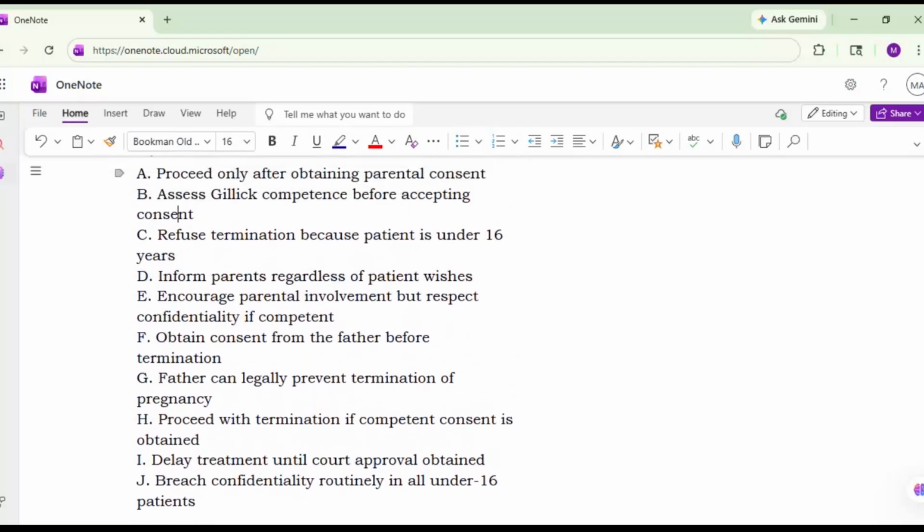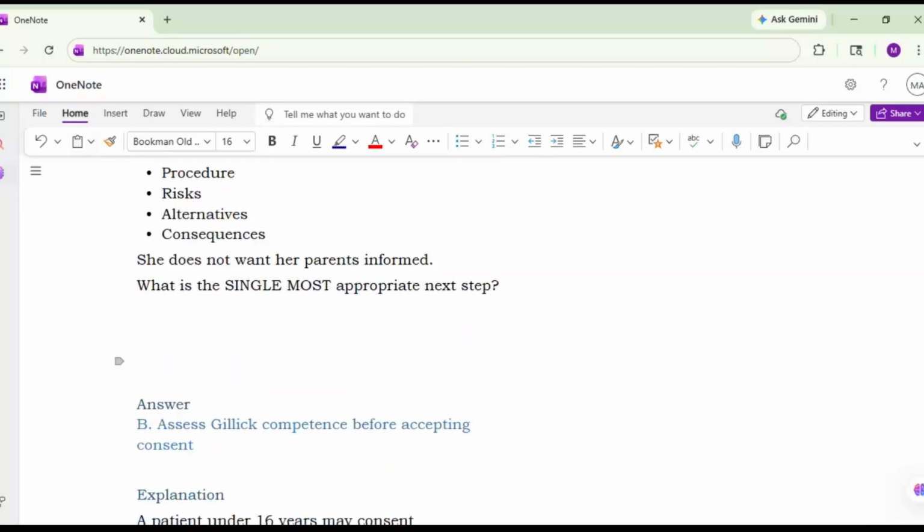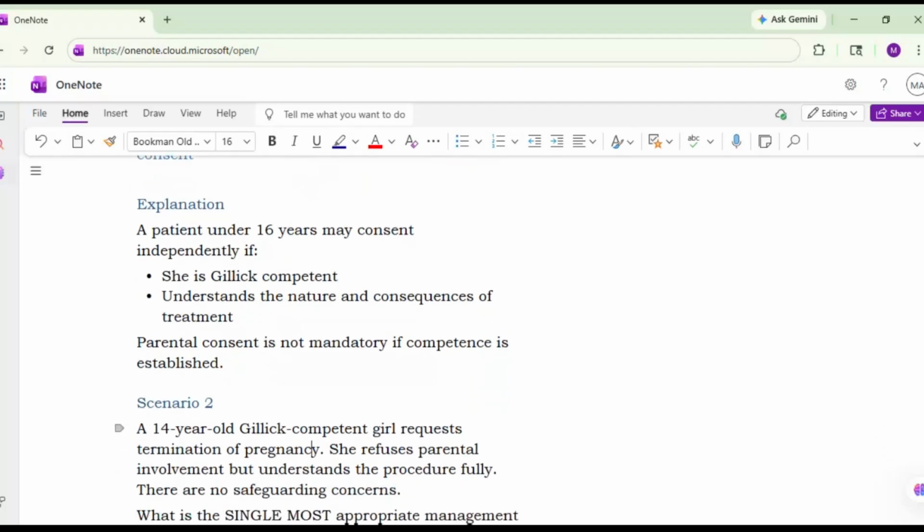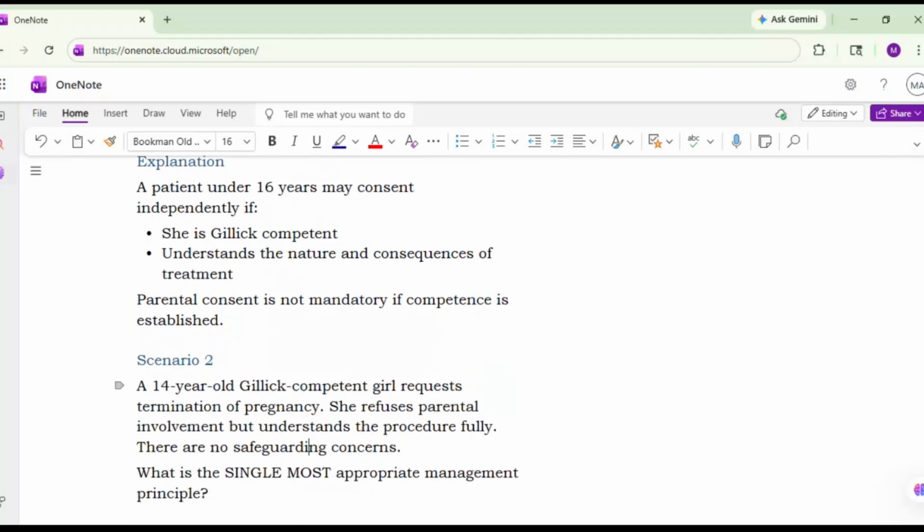Here there is the option, proceed with termination when consent is obtained. But here again, encourage the parental involvement is also equally good, because she's 14 years old, she's Gillick competent, she refuses parental involvement but understands.